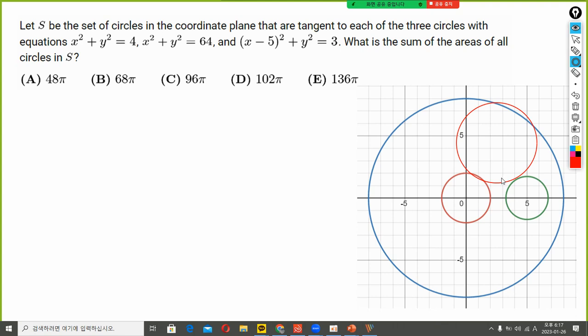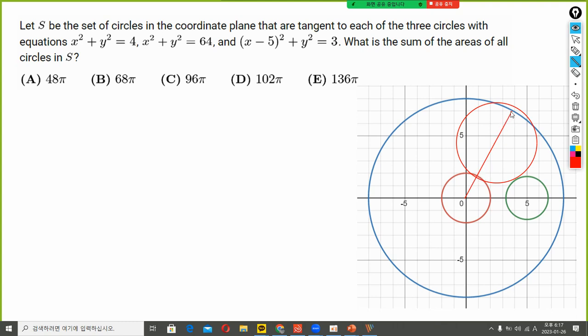And in this case, the radius of this circle is... this radius is 2, right? 2 and 8. 2.